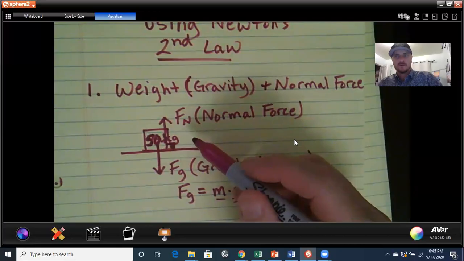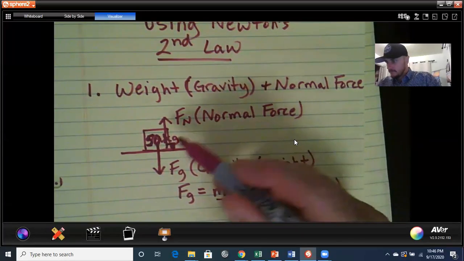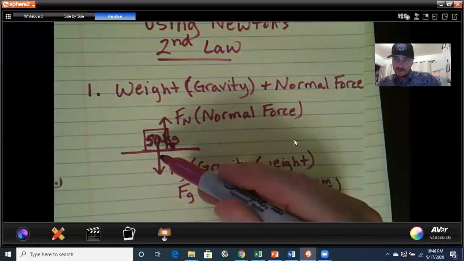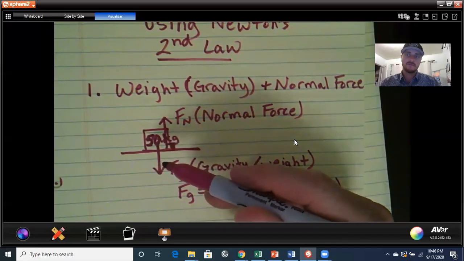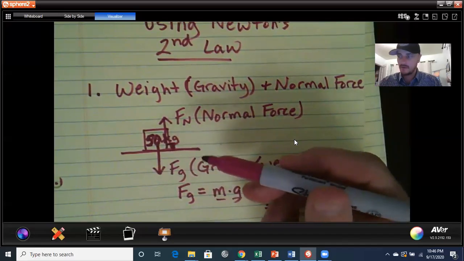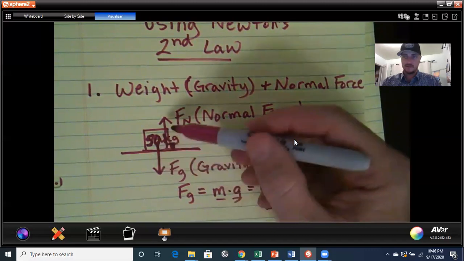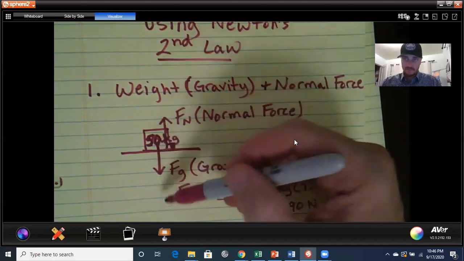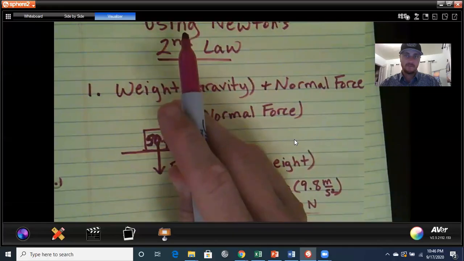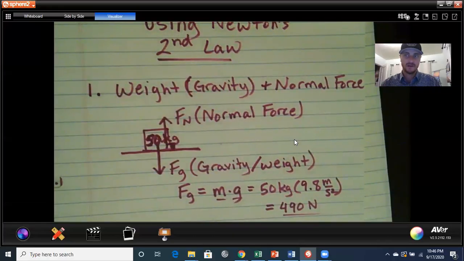Well, let's go back to Newton's first law for a second. This thing's not moving, it's at rest. And if something's at rest, it means that the forces must be balanced out. Well, what are the forces so far? It's just these two, that's it. So my down force has to equal my up force because this thing is at rest.